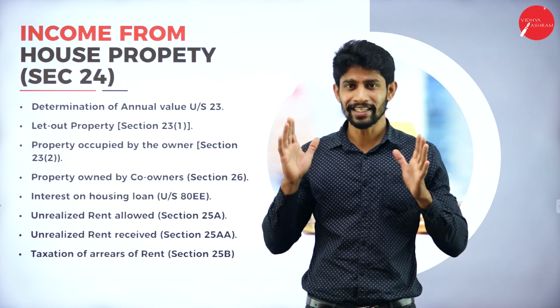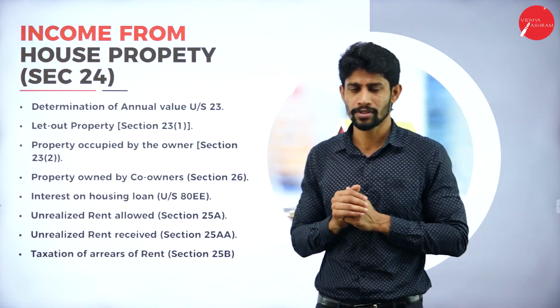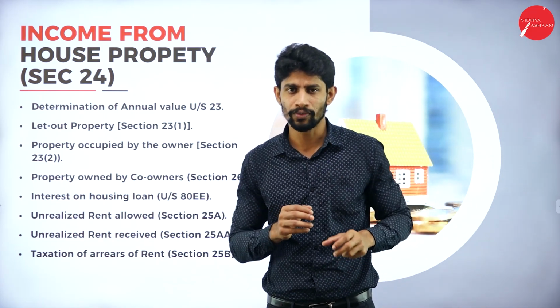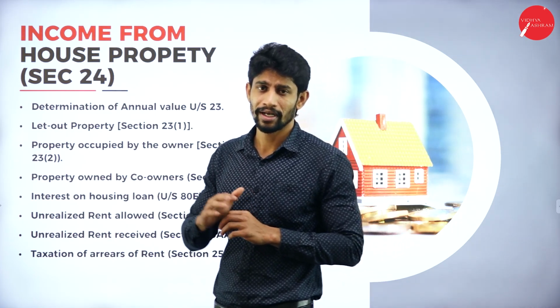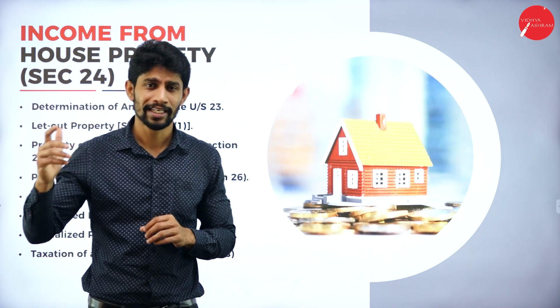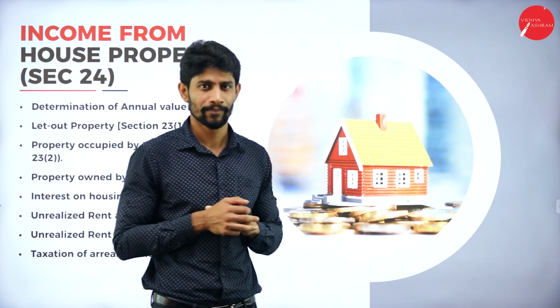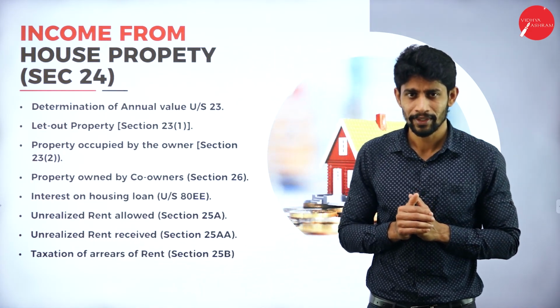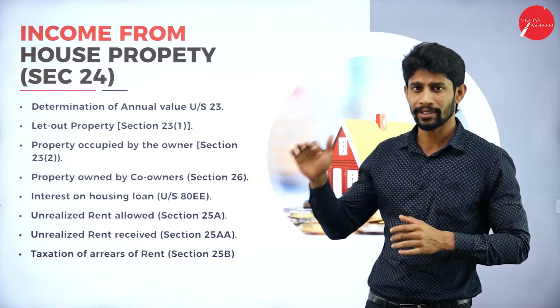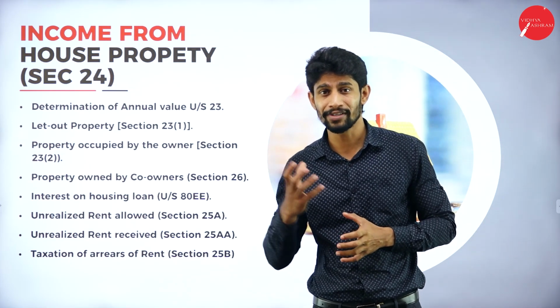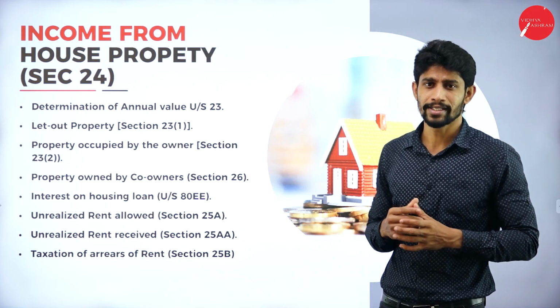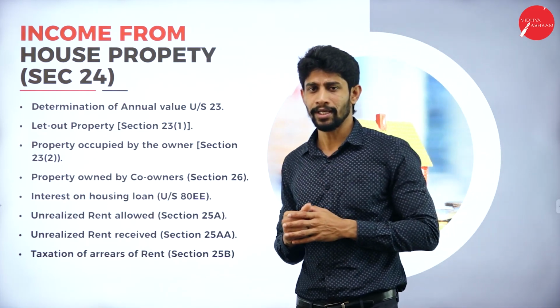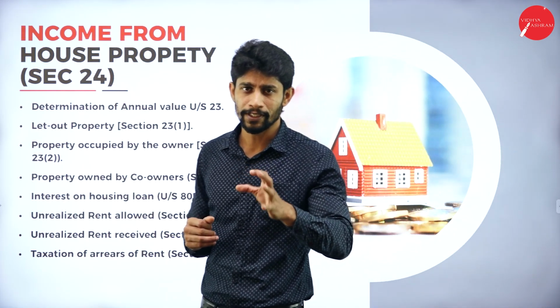In case you have two houses, one house is occupied by you and another house is let out. You have given it for rent. So what are you receiving from the let out property, from the tenant? You are receiving rent every month. Let us say you let out a property for 10,000 rupees per month.